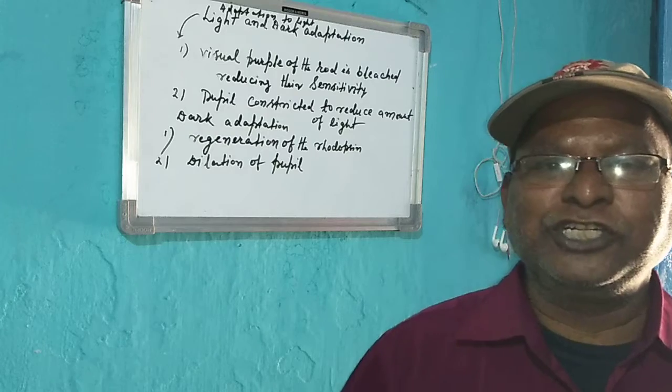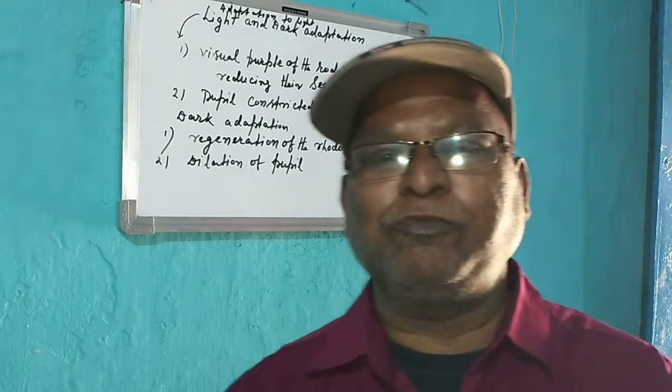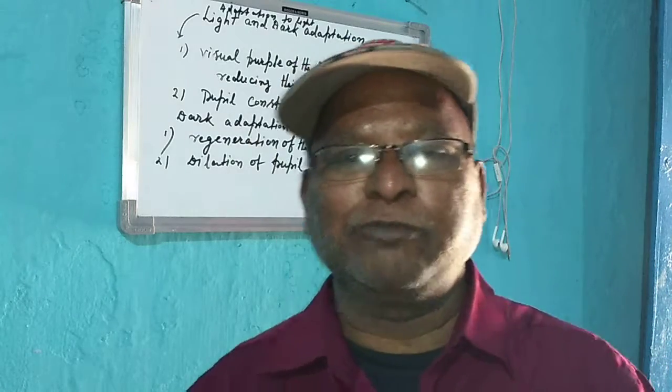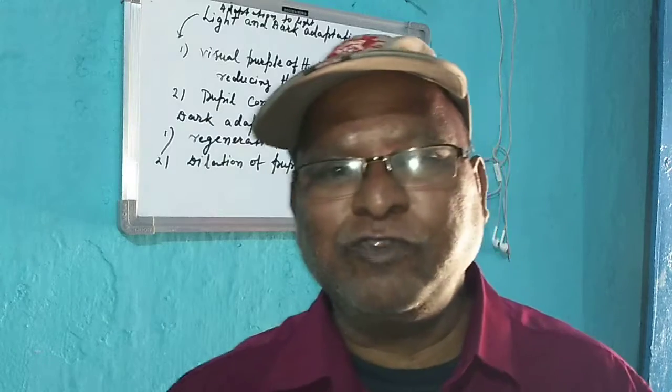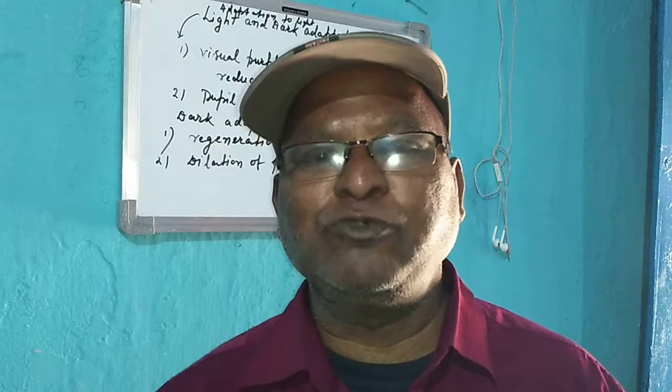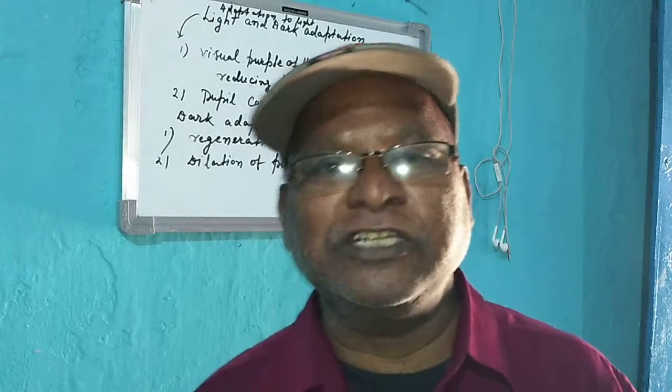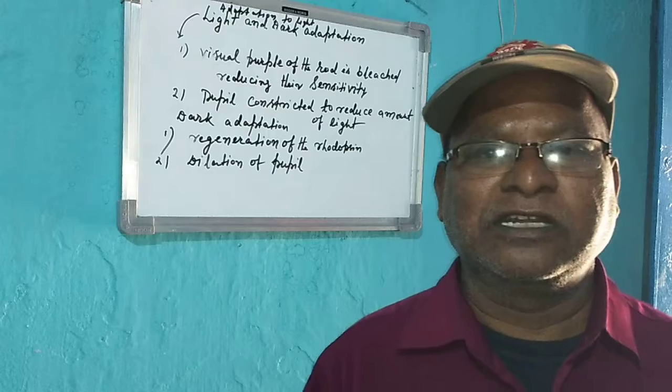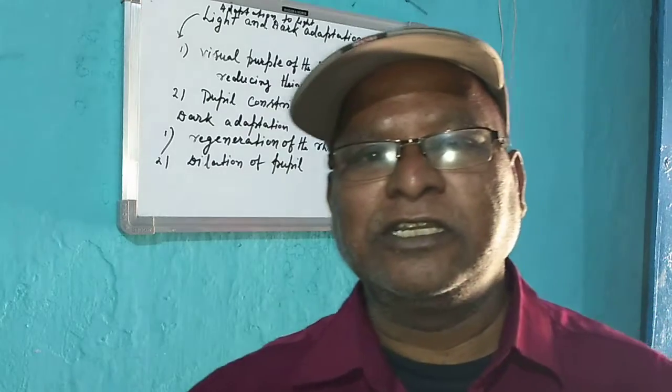So this way changes take place while we move to the brightly lighted room from the dark room. Initially we feel blinded for a short while. Why? Because the rhodopsin pigment bleaches. So we feel blinded for a short while and soon vision improves. Then cone cells start to function, and because of that improvement of vision occurs. That is called light adaptation.